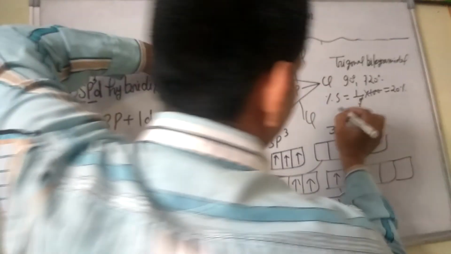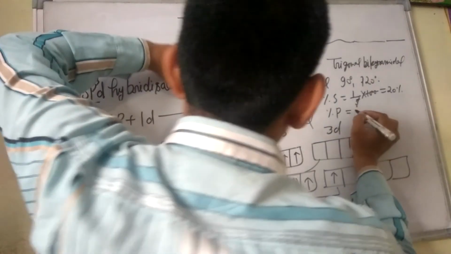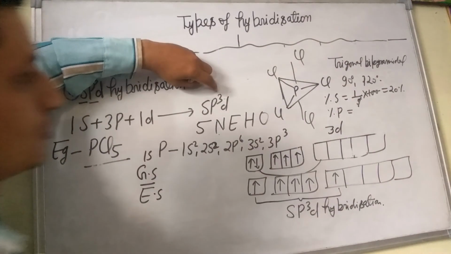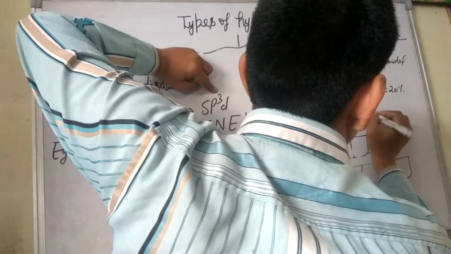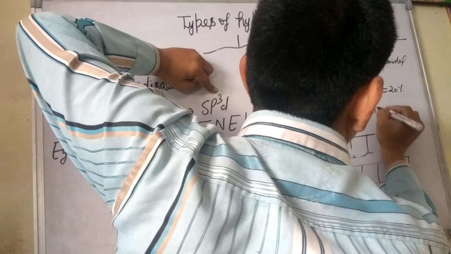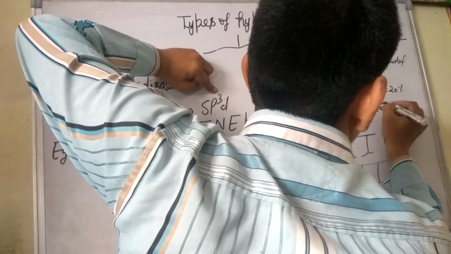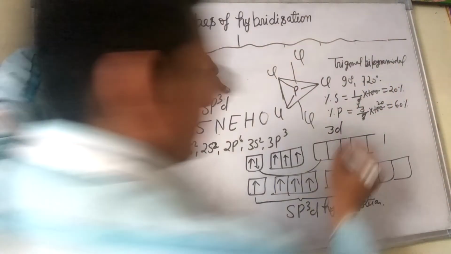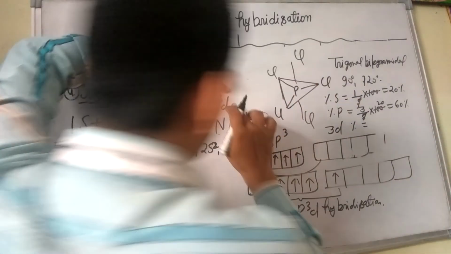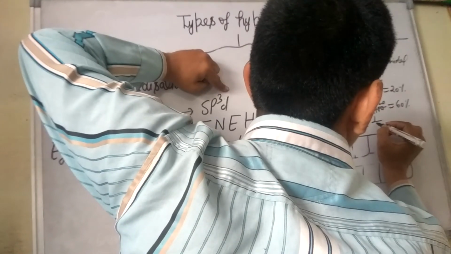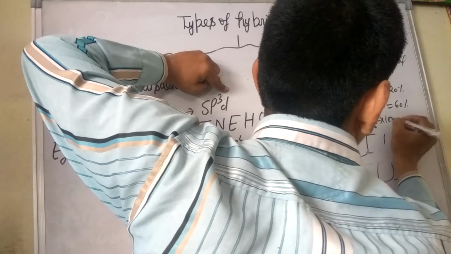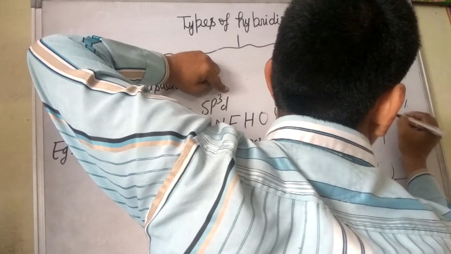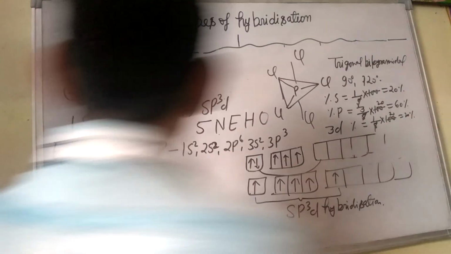Percentage P character: the number of p orbitals is 3, so 3 upon 5 into 100, 60%. After this percentage d character, d orbital 1 upon total 5 into 100, we get 20%.